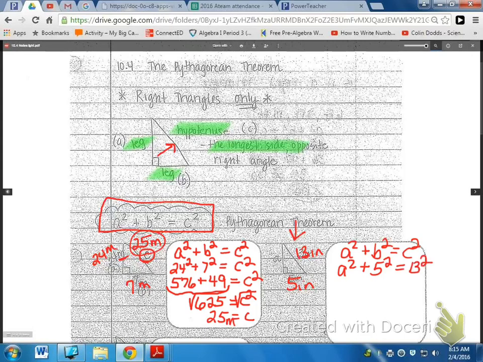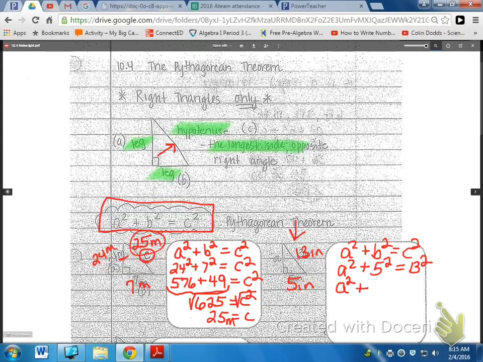All right. After you substitute the numbers in, what should we do with those numbers, Stephen? You should basically do the exponents. Yeah, go ahead and square them. So what's 5 squared?